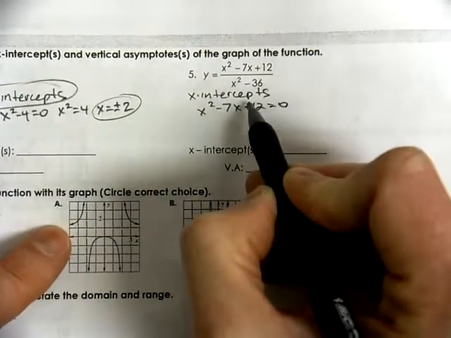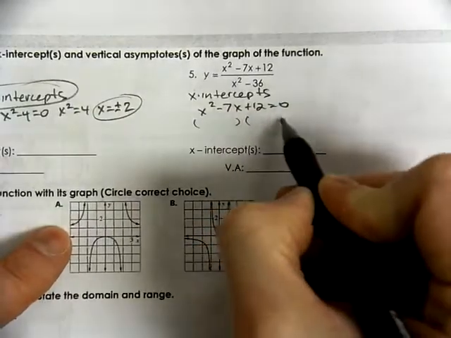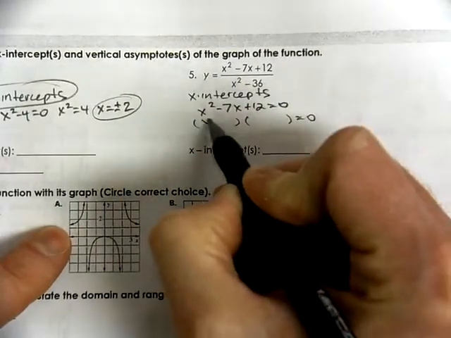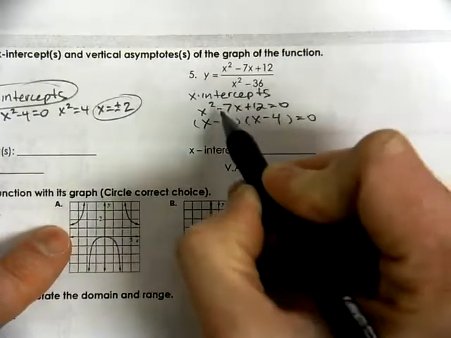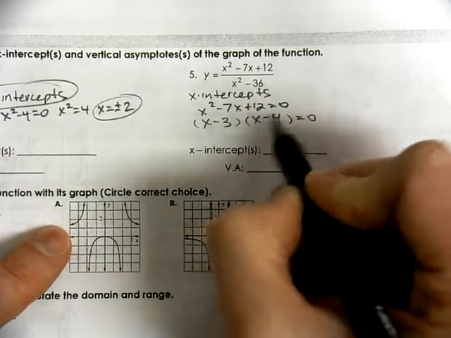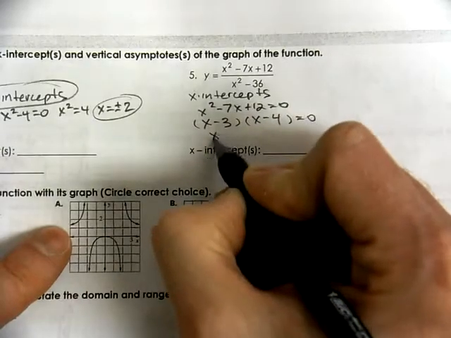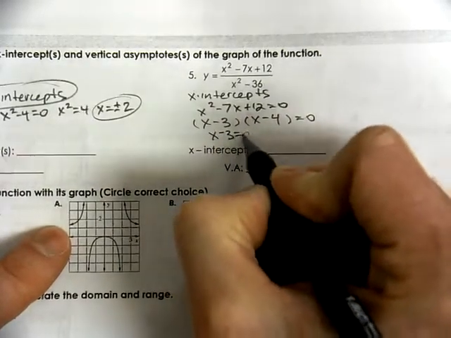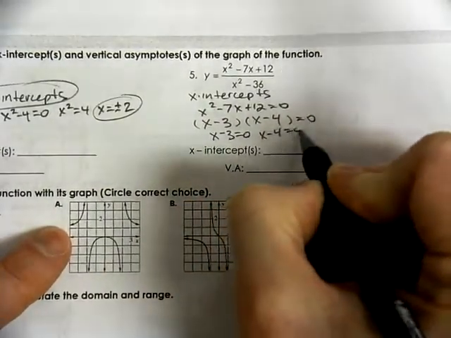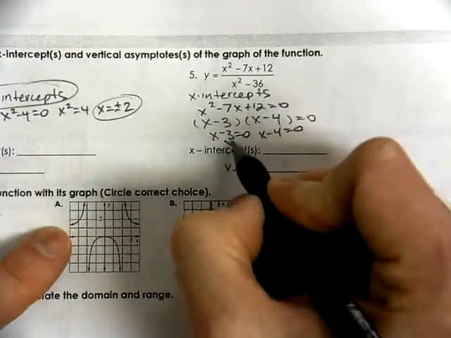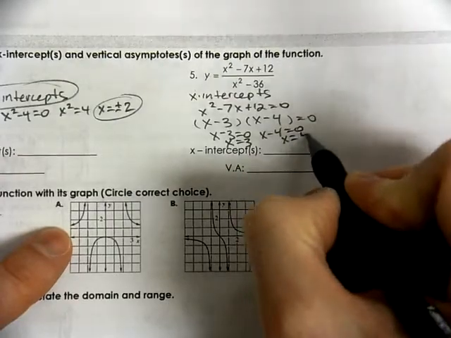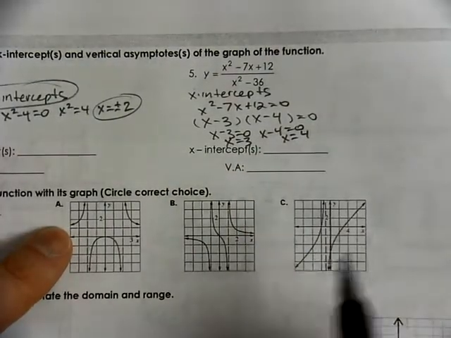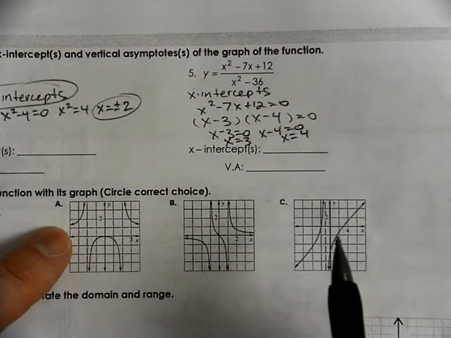This is a quadratic, so the way you solve for a quadratic is to factor. What two numbers multiply to be positive 12 and add to be negative 7? Zero product property. So x equals 3 and also x equals 4. Those are where the graph's going to cross the x-axis.